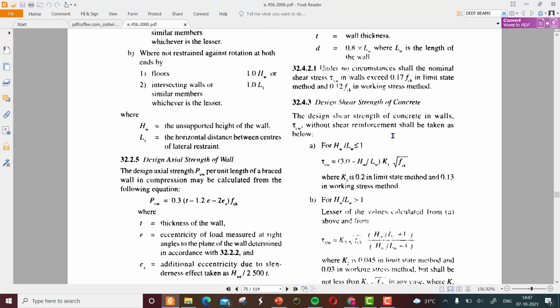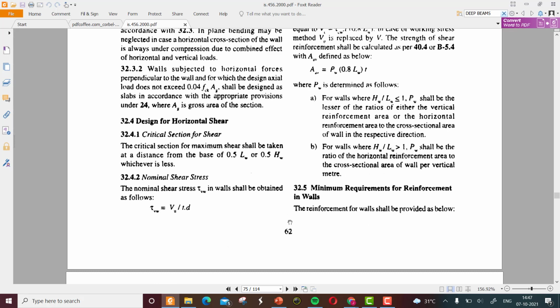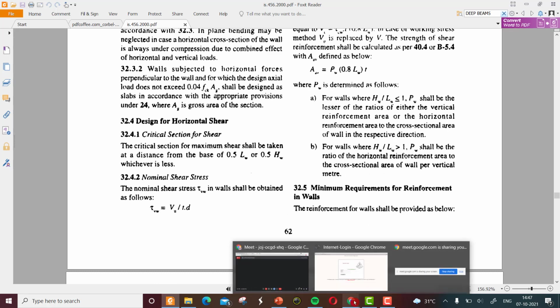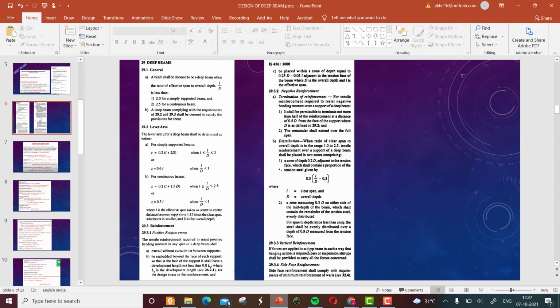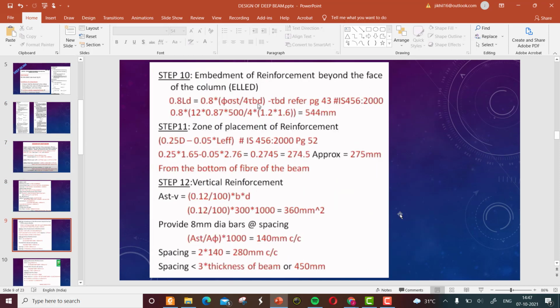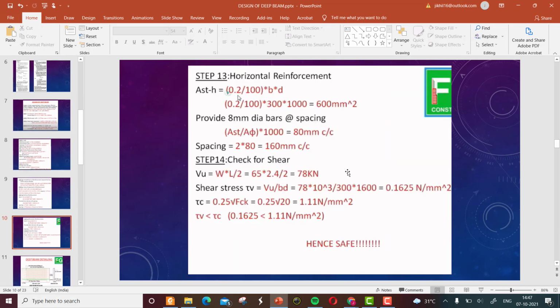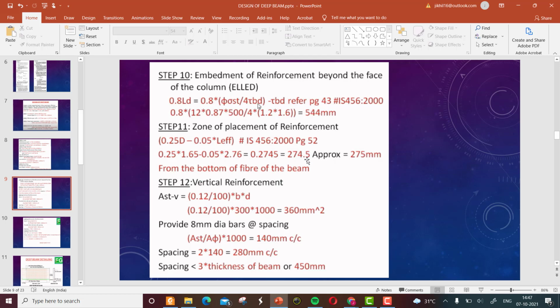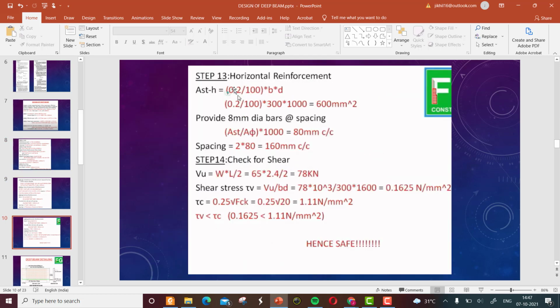Okay, so based on these reinforcement guidelines, the minimum reinforcement required for the slabs, for the walls, is given by Ast horizontal reinforcement equal to 0.2 percent of the cross-sectional area.